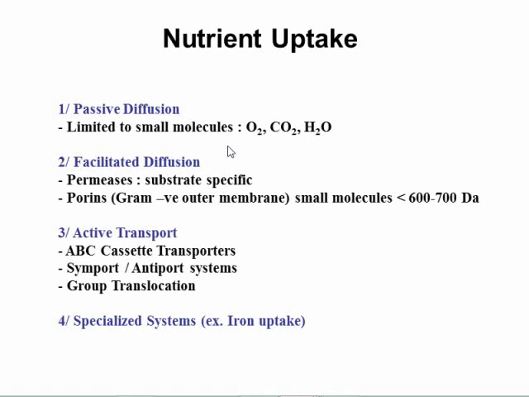What is the difference? Porins are not very specific. So you find them in the outer membrane of gram-negative cells, and they will let in anything which is small size and water soluble. Whereas permeases have a specificity for a substrate.